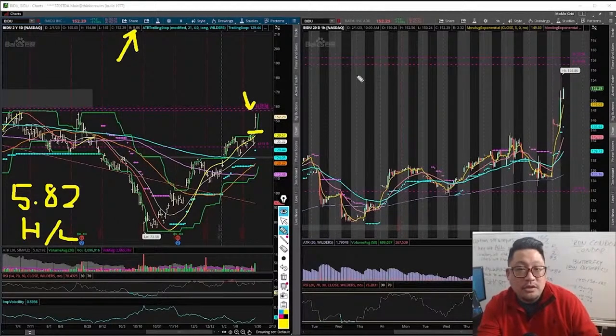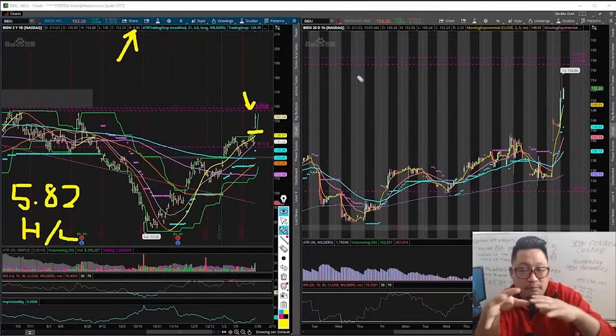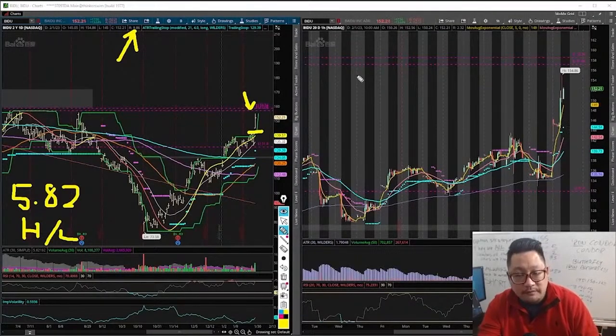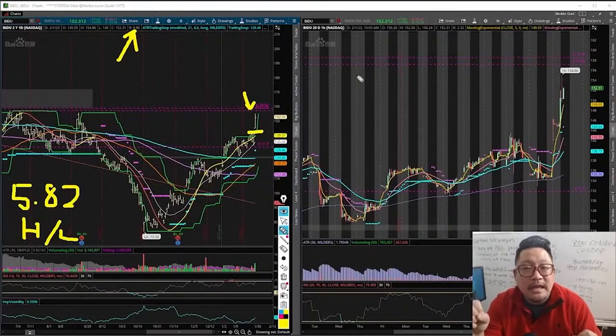Yes, the moves are sympathetic. They're very similar, but the amount of price movement is extremely different. Same sector, but they cannot have the same trailing stop. This is something important that new traders need to recognize. One size does not fit all.